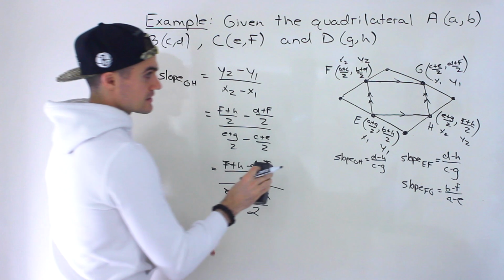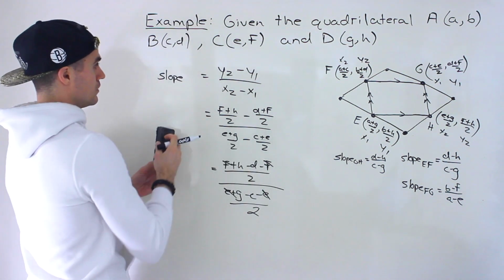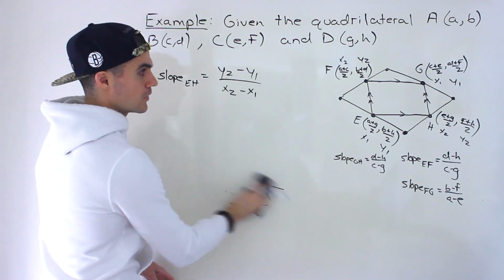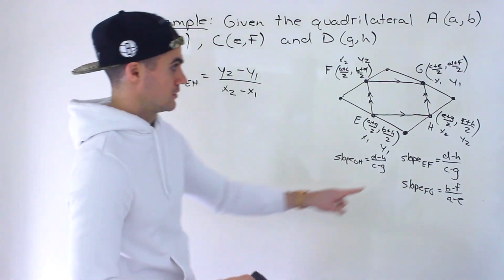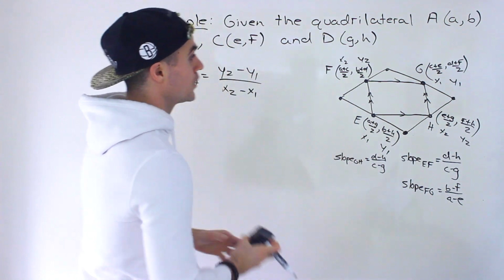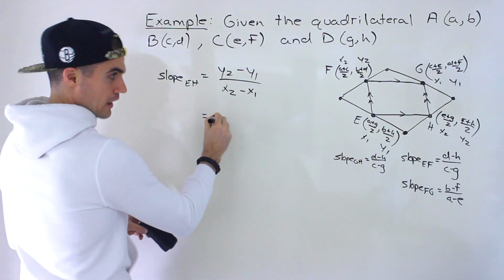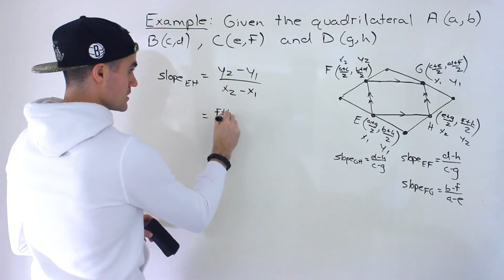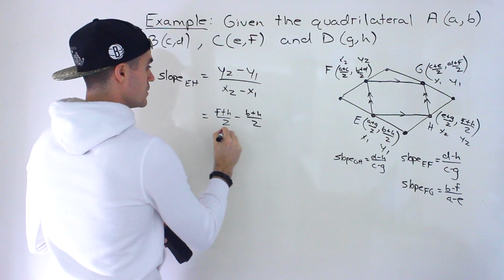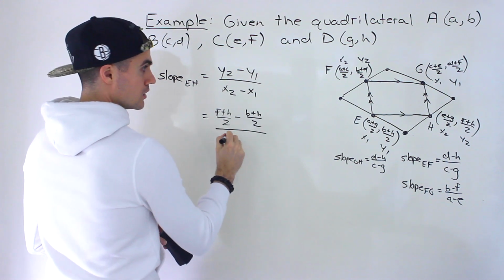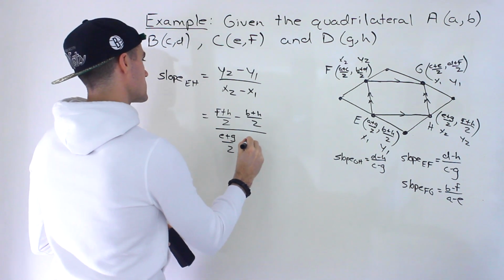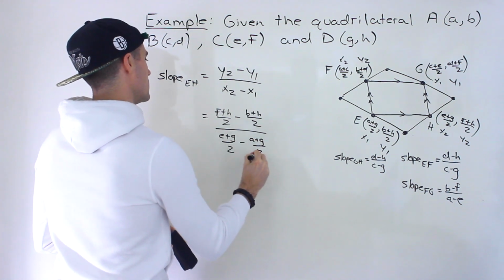And now finally, let's find the slope of EH. And we already have it labeled x2, y2, the h coordinate, x1, y1 for the e coordinate. So we'll have f plus h over 2 minus b plus h over 2 all over e plus g over 2 minus a plus g over 2.